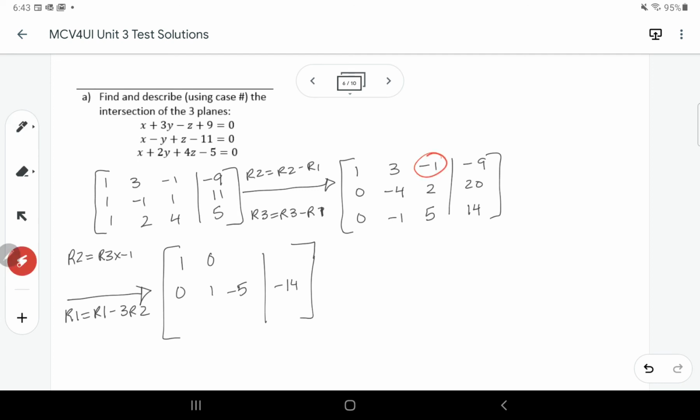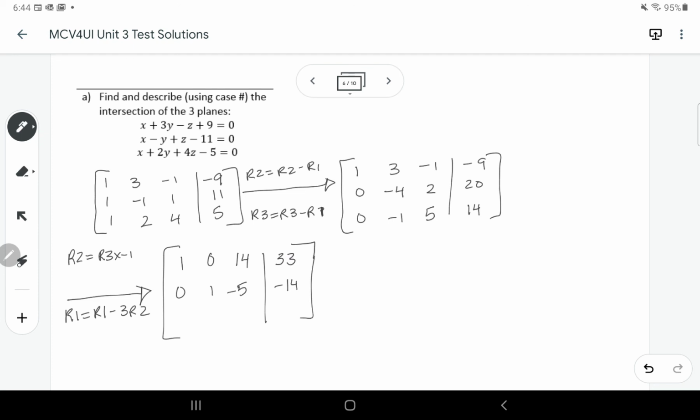And then I've got -1 minus 3 times -5. So that's going to give me positive 14. And then I've got -9 minus 3 times 14. So that's plus, when you do the double negative, careful there, you get 33.